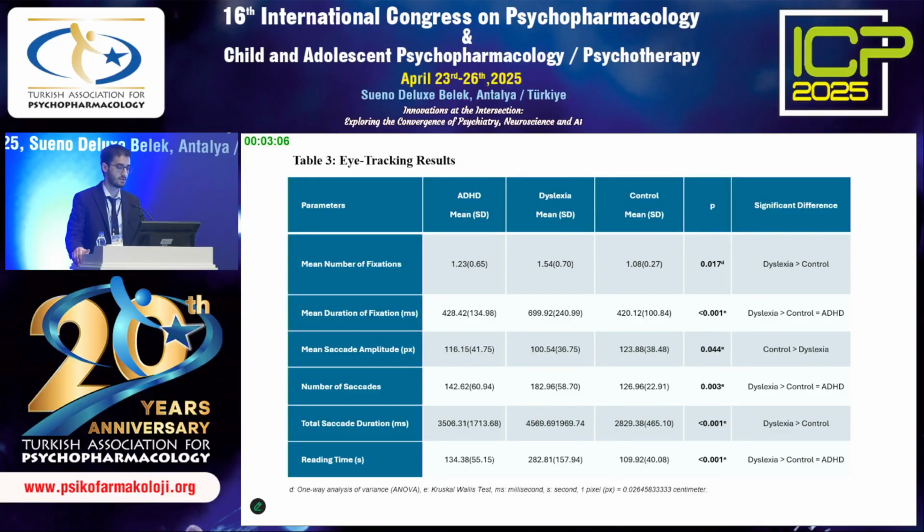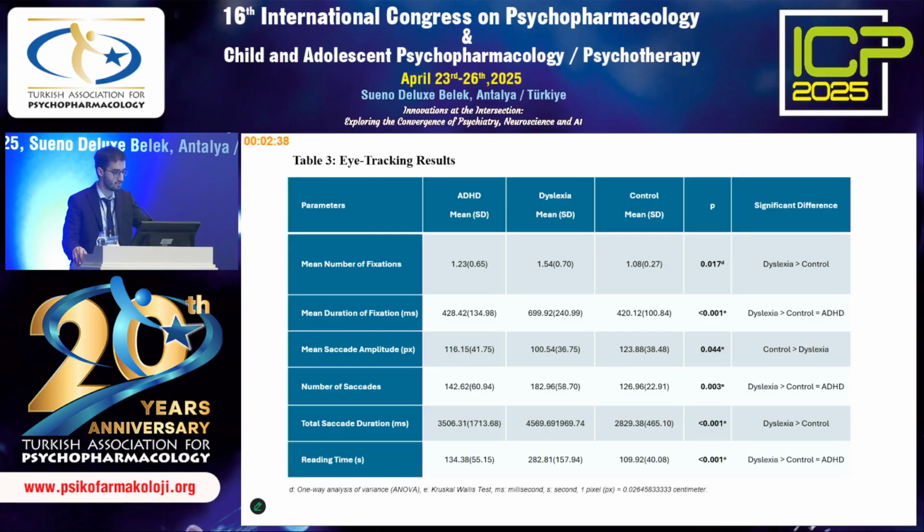When we look at the eye tracking results, fixation and saccades were evaluated. I can summarize it as in the ADHD group, they did not show any significant difference compared to the control group. But the dyslexia group also differs from the two other groups.